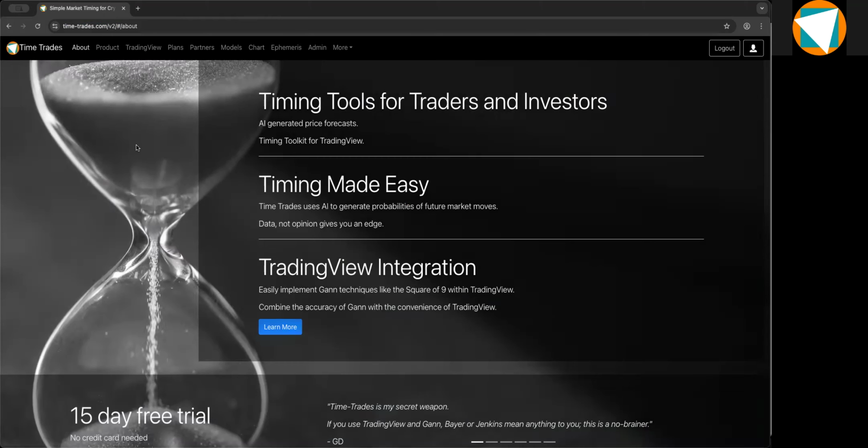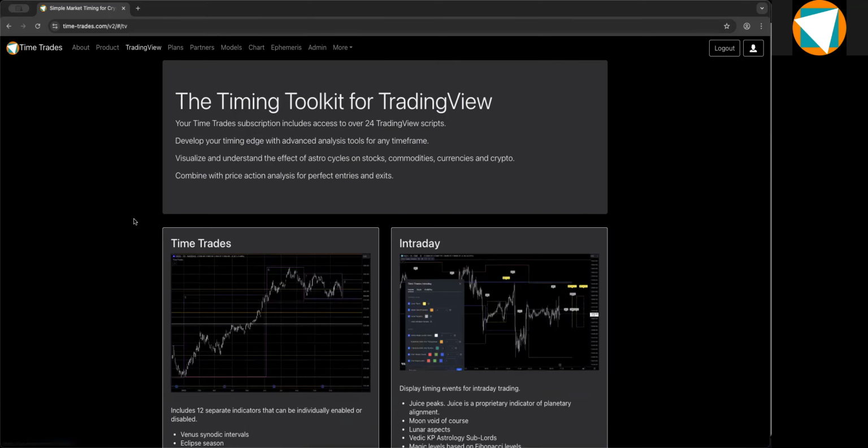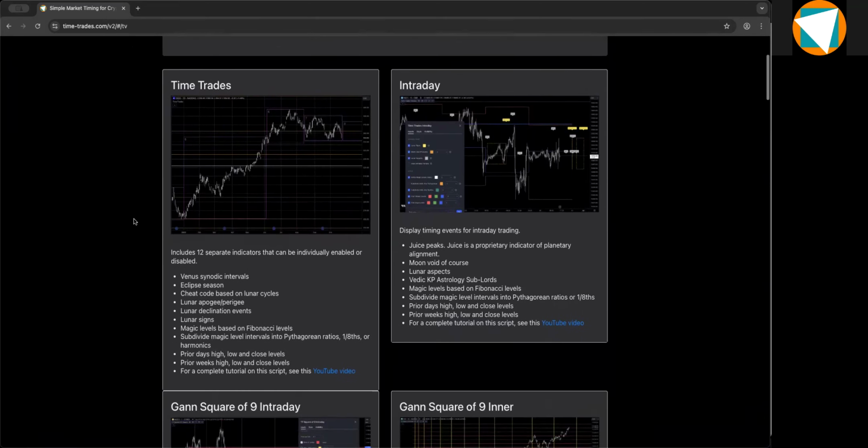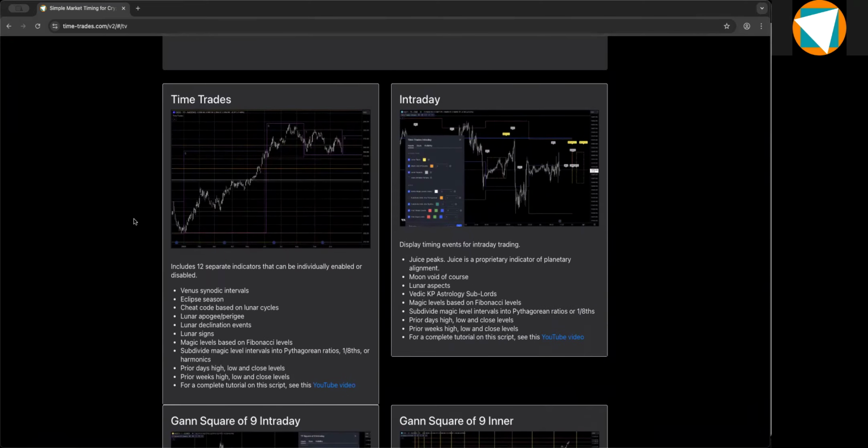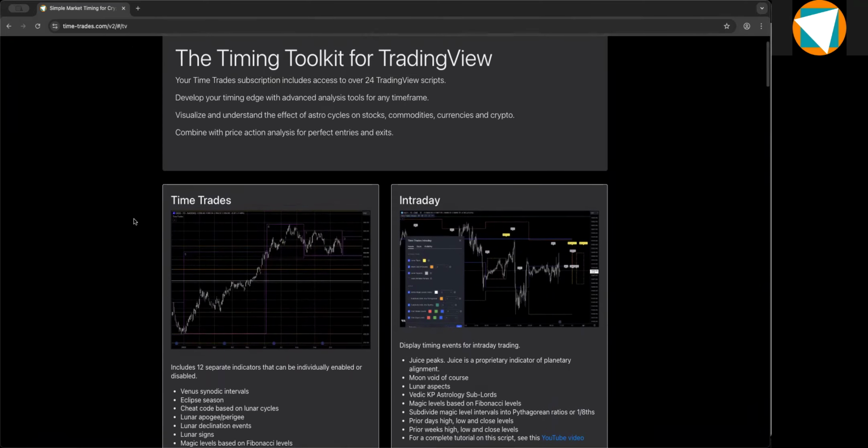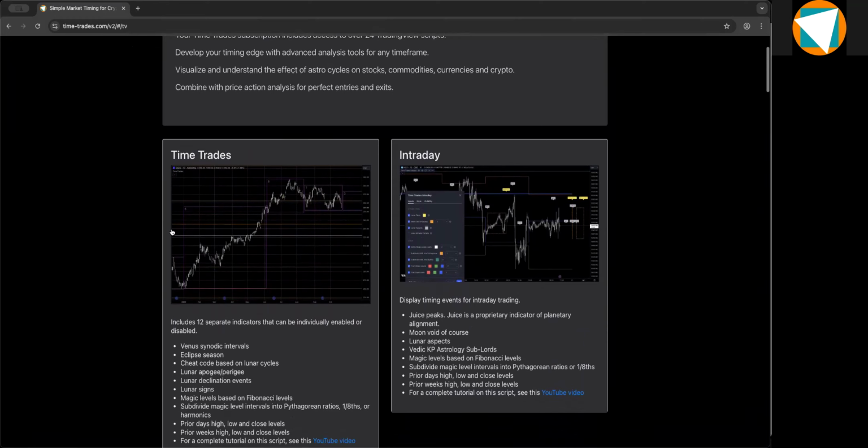This is where you signed up for your 15-day trial. And there's a number of different pages here describing the product. What I'm going to be focusing on is really the TradingView page. This shows the complete list of TradingView scripts that are included in the Time Trades package.